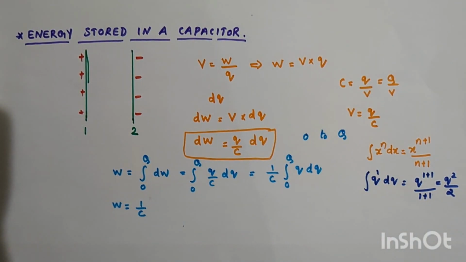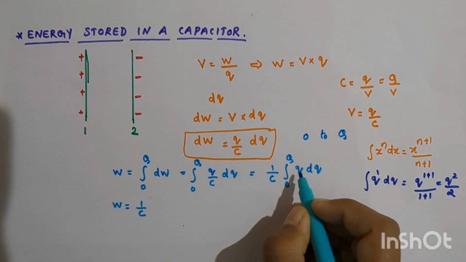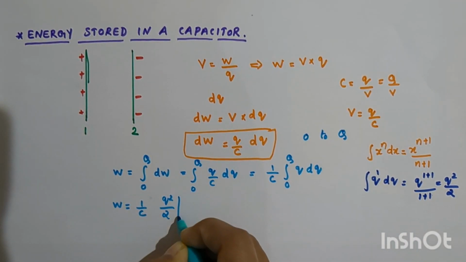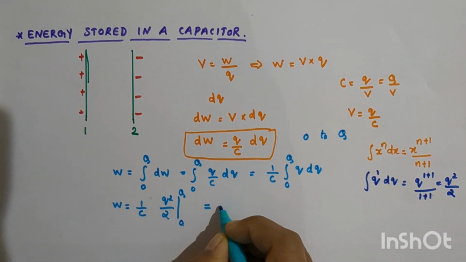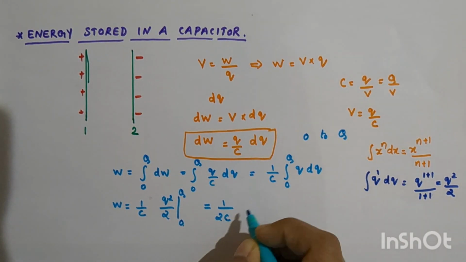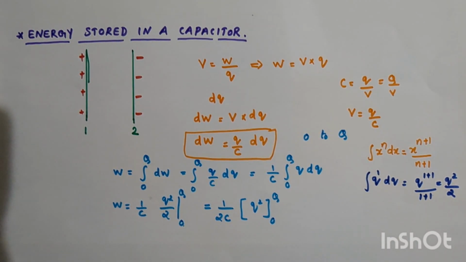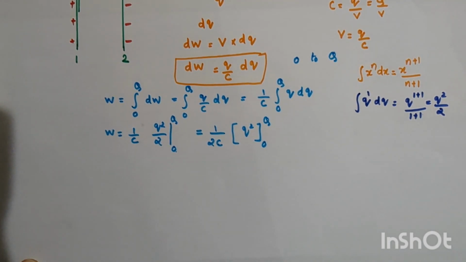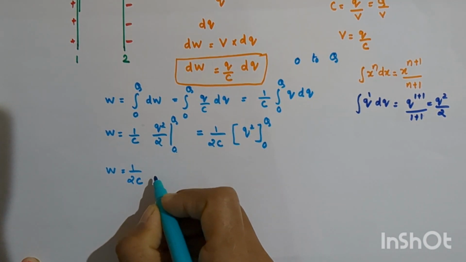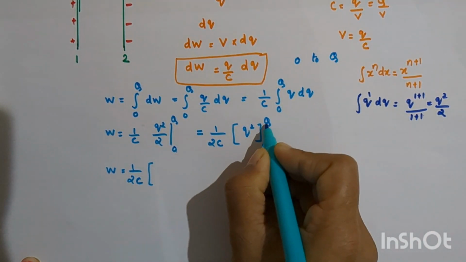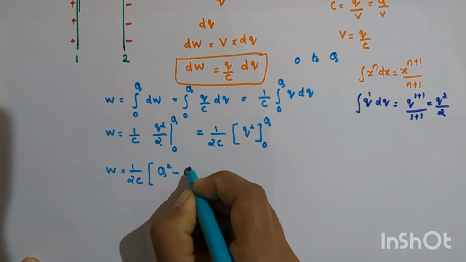So the total work done W is equal to 1 by C into the integral 0 to Q of q dq, which is q square by 2 within the limits 0 to Q. Taking the 2 out, we write 1 by 2C into q square within the limits 0 to Q. Now we apply the limits: first the upper limit, that is capital Q, so Q square, minus the lower limit 0, that is 0 square.